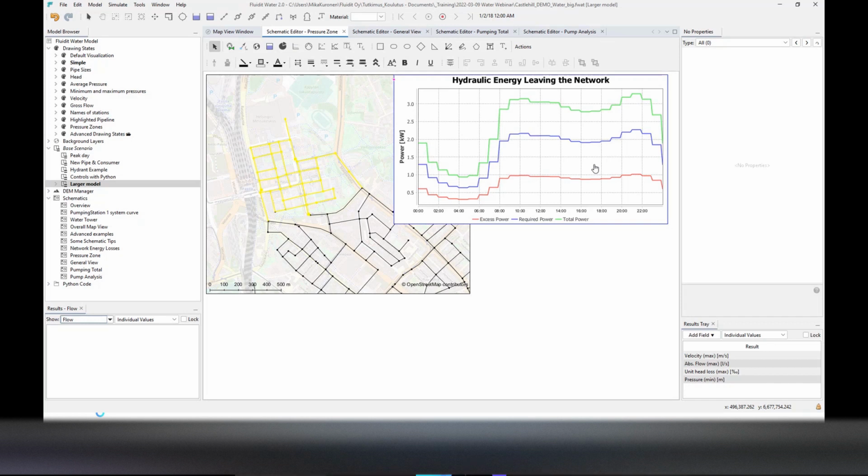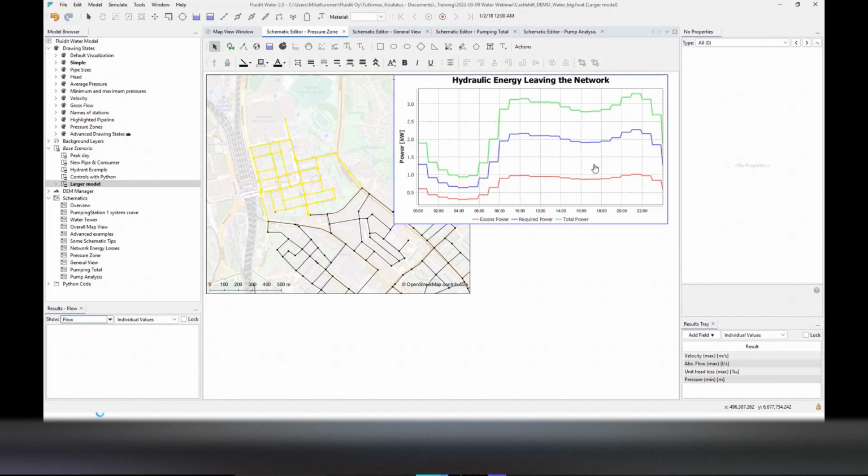So why I think it's better to look at energy rather than just pressures. Two major things. First of all, energies, we can directly link it to water costs, price, or we can link it to, say, greenhouse gas emissions. We can directly make it something comparable, whereas 2 bars of extra pressure is just extra pressure.